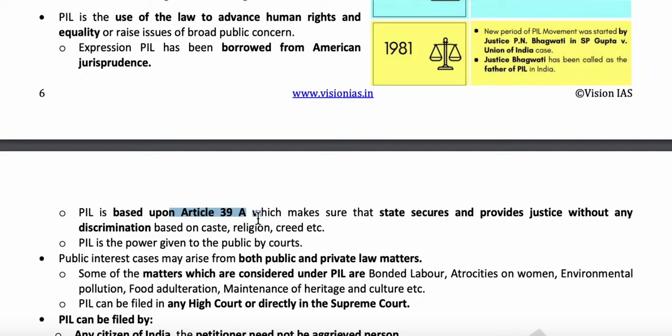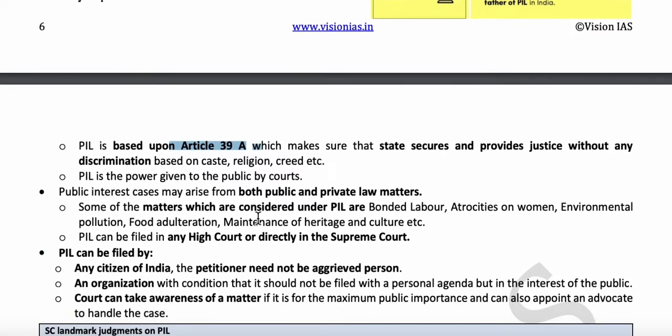When you come across bonded labor, violence on women, environmental pollution, food adulteration, maintenance of heritage, and maintenance of culture, etc., you can file a PIL.